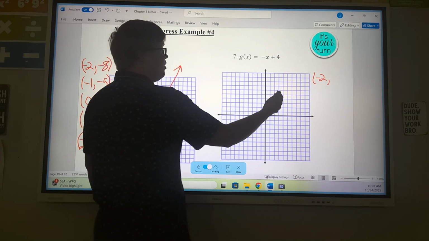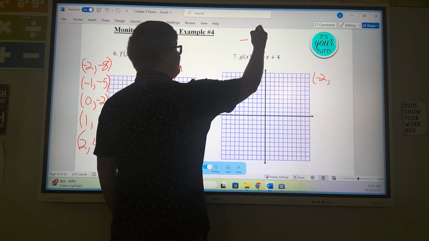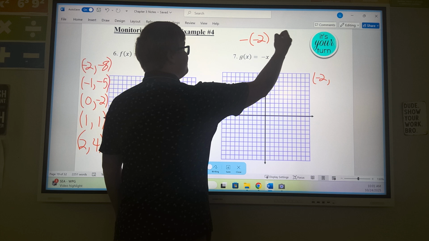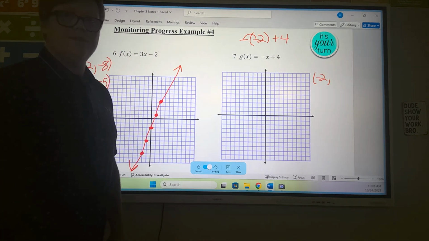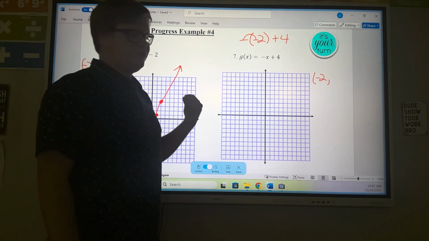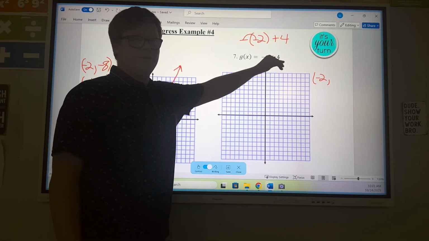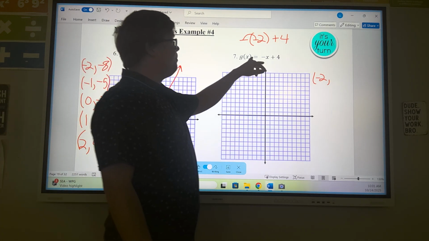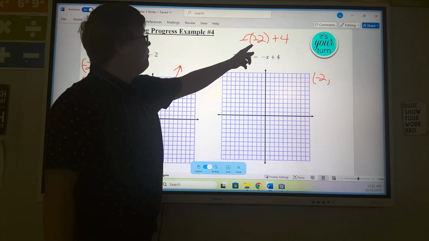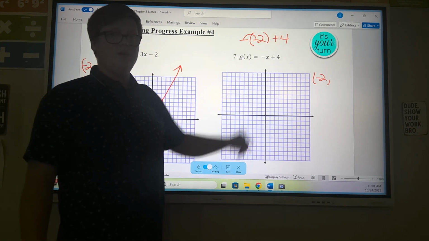So really what that's going to look like is we put our negative and then we plug our -2 in and have +4. Remember, double negative makes it a positive, right? Or you can also just remember in your head, when you see a negative variable, whatever you're putting in there, you put the opposite of that. So the opposite of a -2 is a +2, right? So we have 2 plus 4, which is 6.